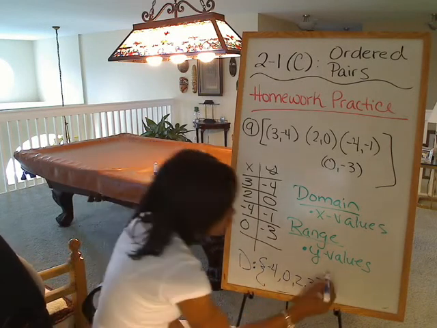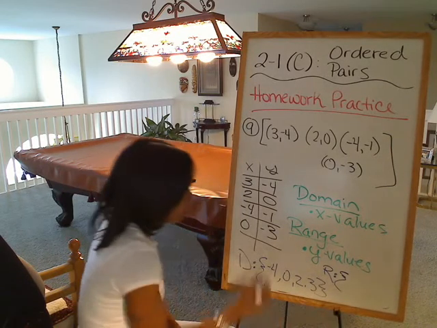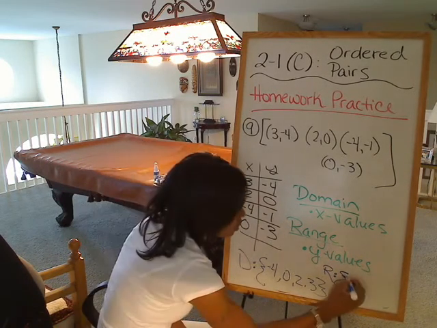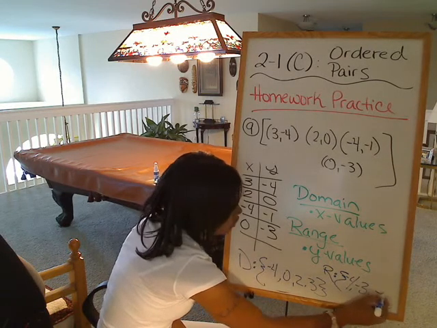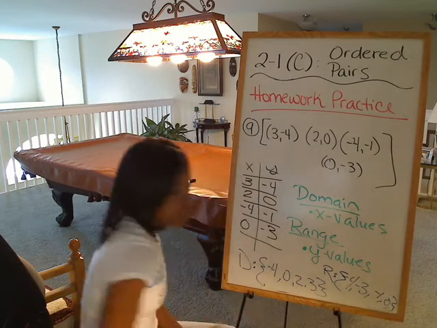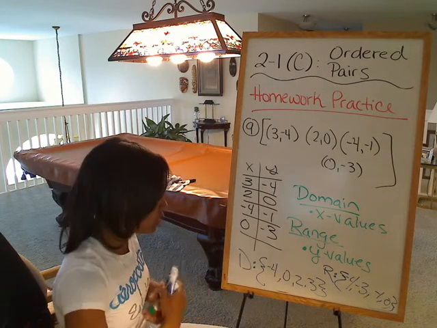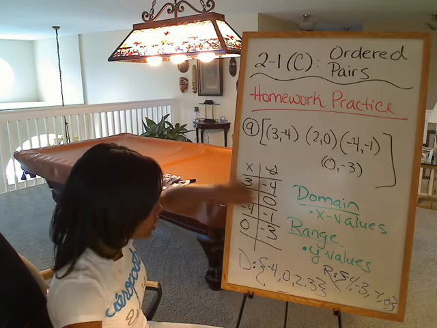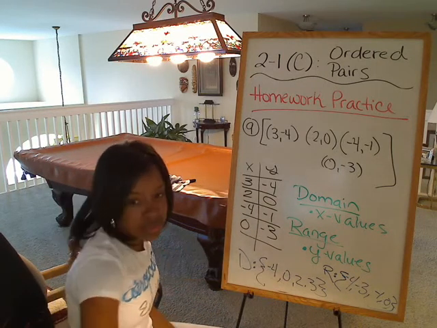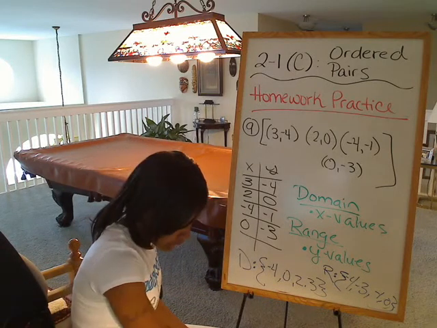And the range would be -4, -3, -1, and 0. Sorry for the sloppiness, but I think you get the point. These are the ranges. This is the domain. This is the range. So just put it in order from least to greatest to get the domain and the range. Okay? Let's look at number 10.